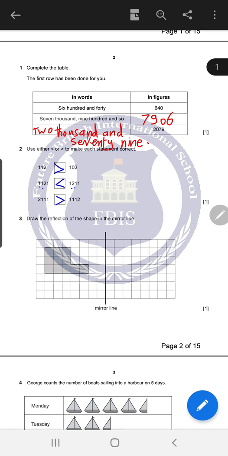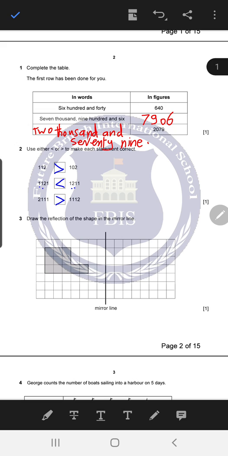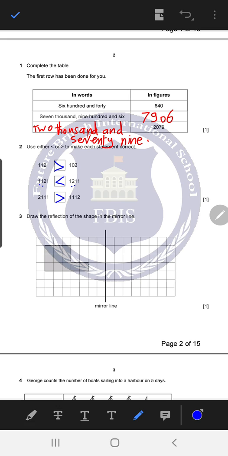Question number 3, draw the reflection of the shape in the mirror line. This is the mirror line, and if we want to reflect, we will count the distance to the mirror line. This point is at 2 squares, so its image will be at 2 squares on the other side of the mirror line, and this one is also 2. It will be here. This one is 1, 2, 3, 4, 5, 6, 7, so it will be 7 on the other side.